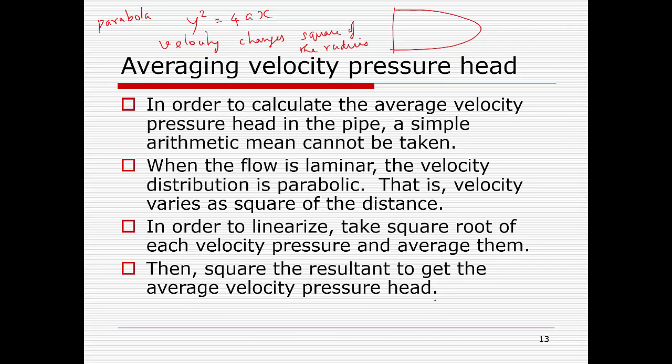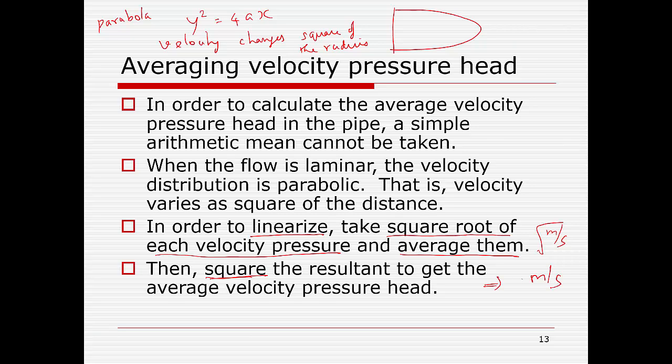Because of that, before you average, you've got to linearize them. How do you linearize them? By taking a square root of each velocity pressure and then averaging them. But the answer is in square root of meter per second units. So you've got to square it to get the units in meter per second.